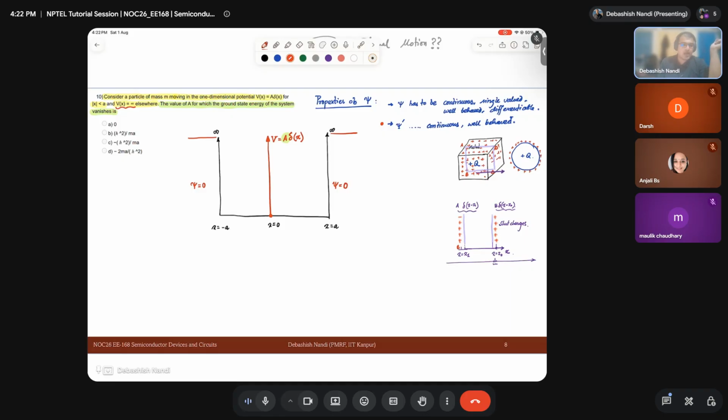Fine. Now, how many regions do I need to operate in? I need to operate in these two regions. Let's say this is region 2, and let's say this is region 1. So I need to solve the Schrodinger equation in these two regions. Fine. So let's start with region 1.